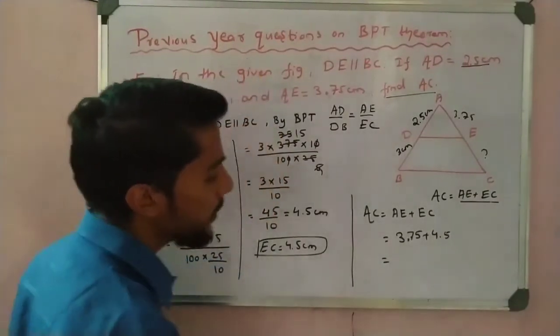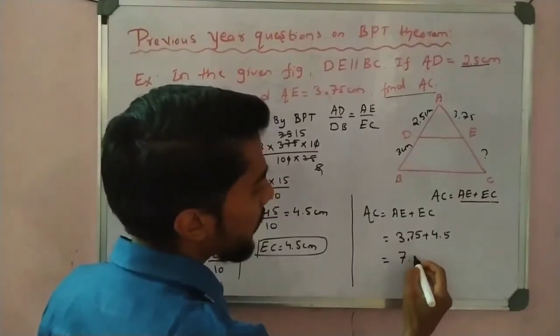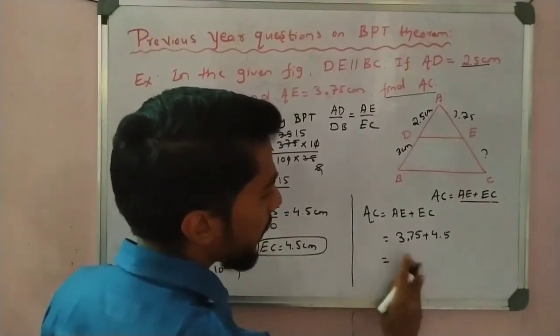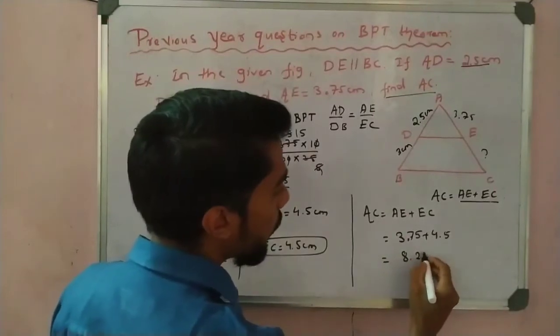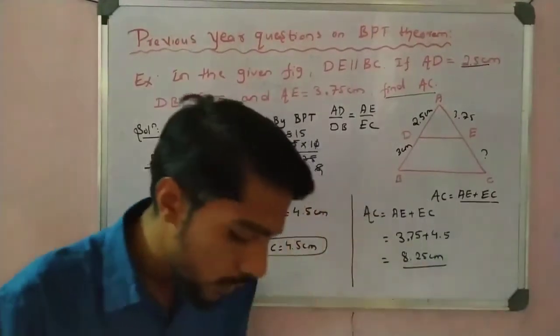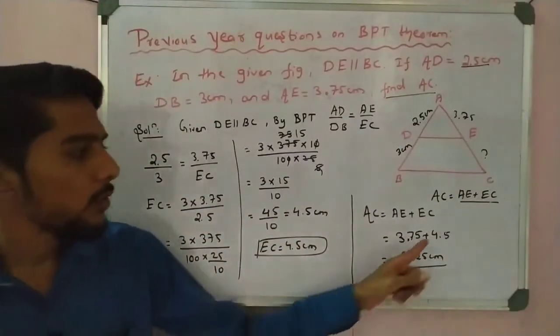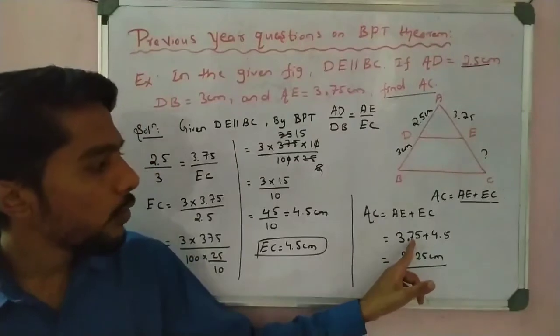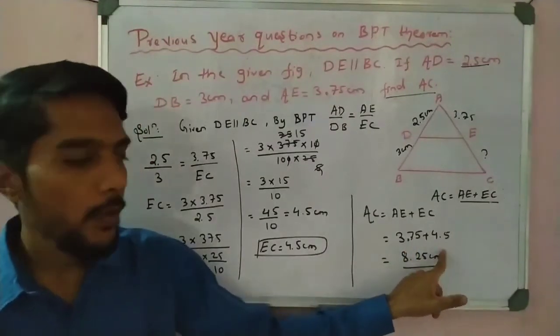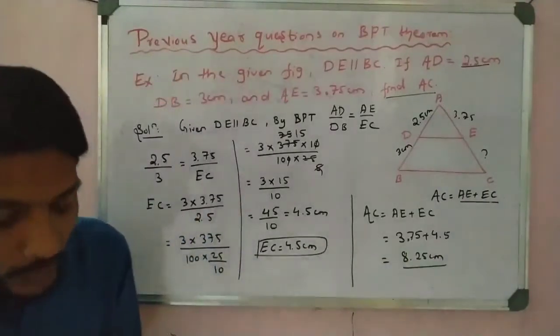So we get 8.25 centimeter. 3.75 plus 4.5 is 8.25 centimeter. So that is the required answer.